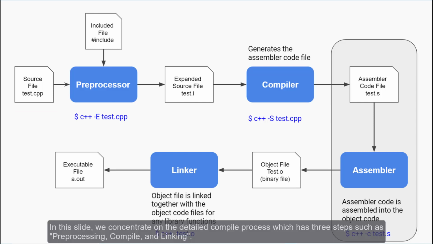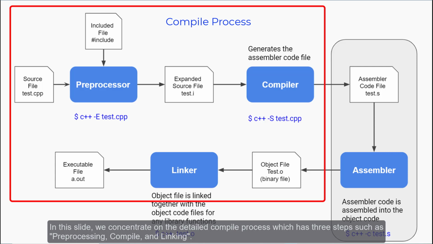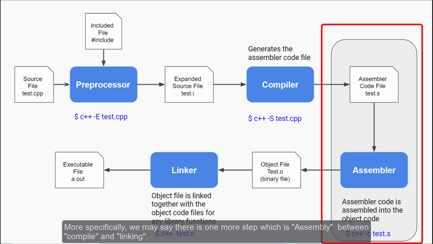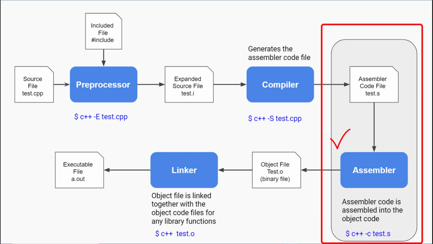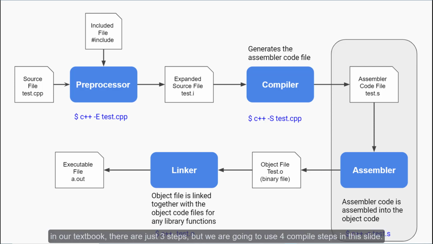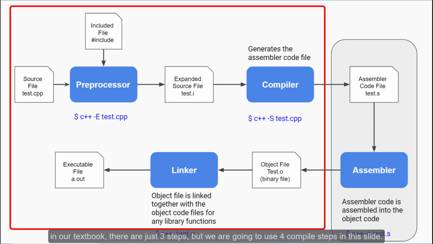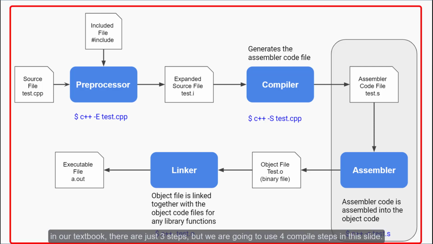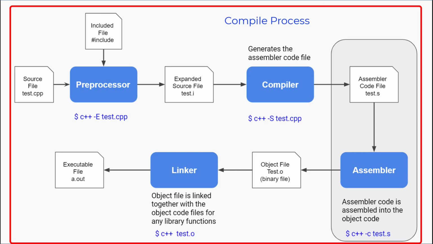In this slide, we concentrate on the detailed compile process, which has 3 steps such as preprocessing, compile, and linking. More specifically, we may say there is one more step, which is assembly, between compile and linking. In our textbook, there are just 3 steps, but we are going to use 4 compile steps in this slide.